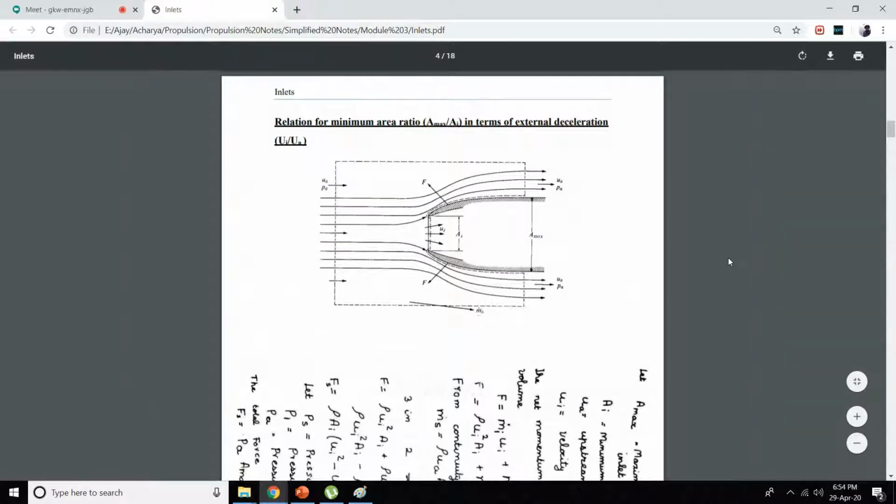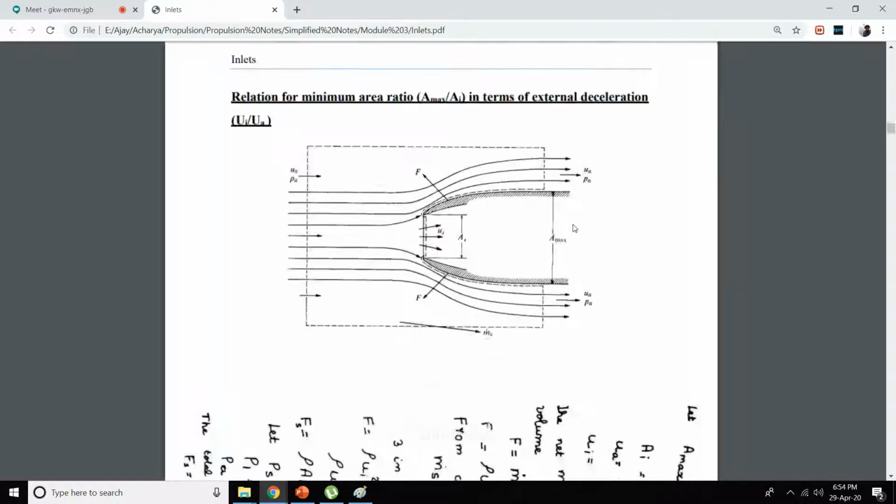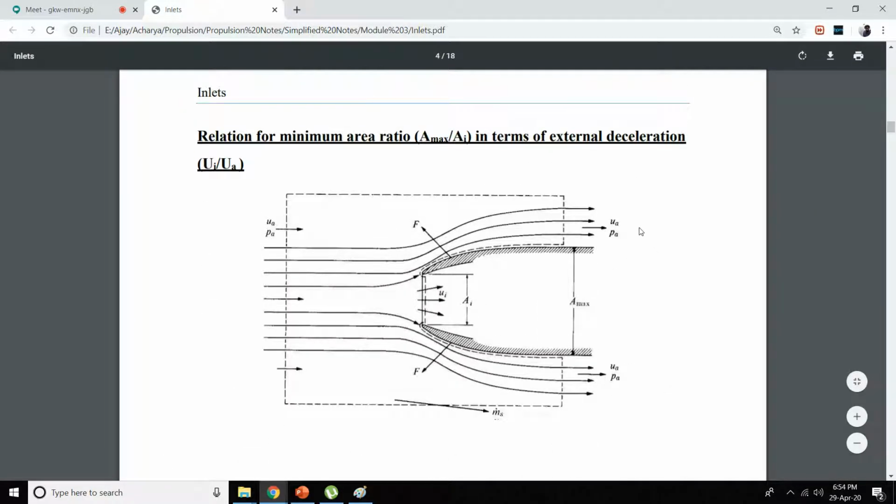So the derivation is called relation between minimum area ratio in terms of external deceleration, that is UI by UA. External deceleration ratio is the ratio between the velocity that is going outside and the velocity that is going inside.